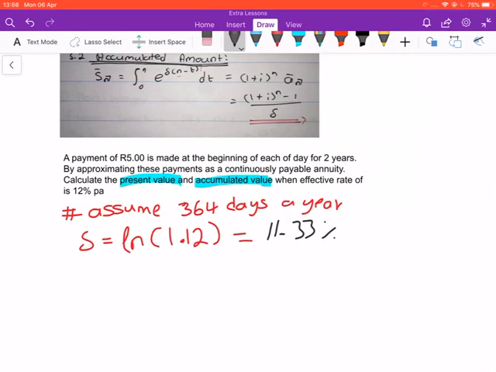So they're telling you to find the present value of 5 rand. So this payment is 5 rand per day. So you will have 364 times 5, and you have the accumulated. So let's find the present value first. You have this formula with a line on top to show that it is continuously payable for 2 years, right?